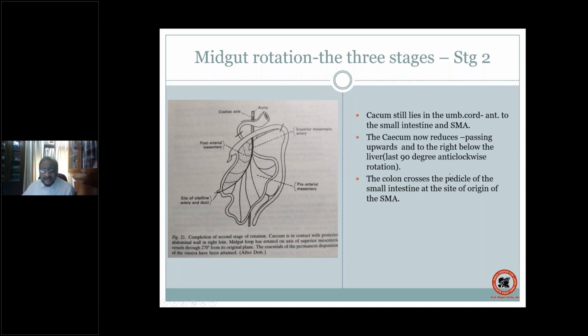The last 90-degree anti-clockwise rotation completes the 270 degrees rotation from the original plane of the pre-arterial and the post-arterial segment. And when the colon, or the post-arterial segment, goes across, it is going to cross the superior mesenteric artery. So the small bowel goes under the superior mesenteric artery. The post-arterial segment goes above the superior mesenteric artery.